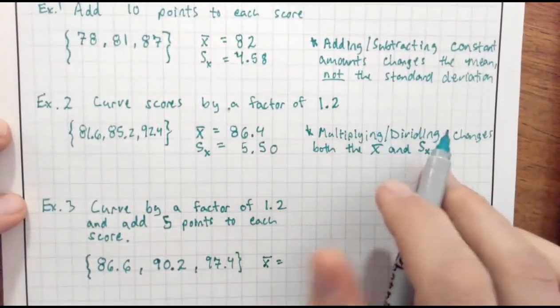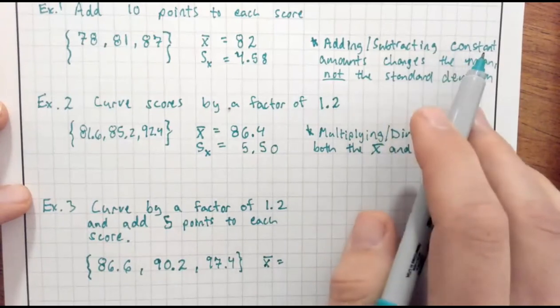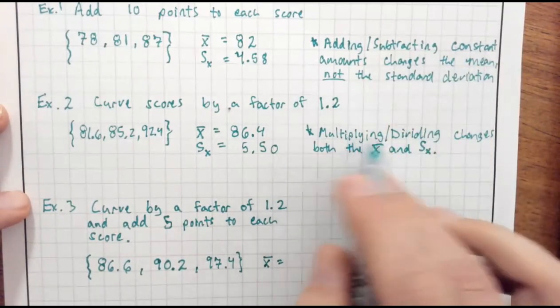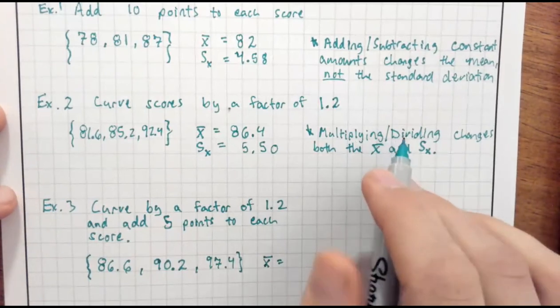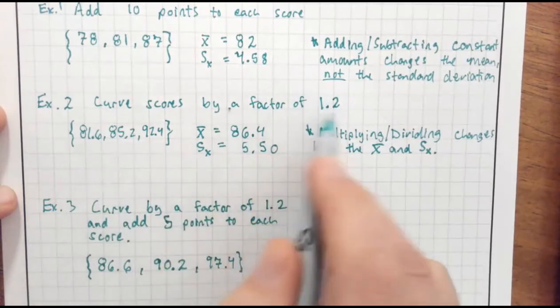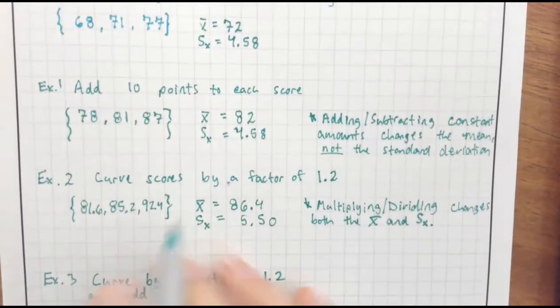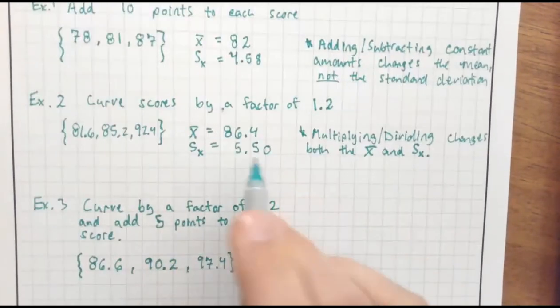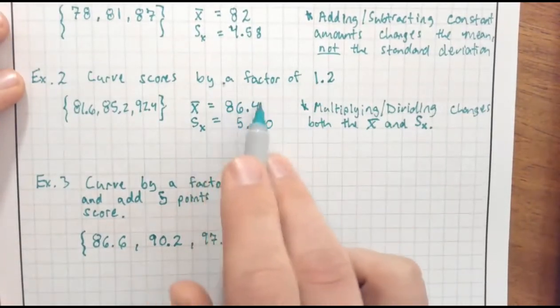If I look at these keys here, it gets changed by adding constant amounts and also by multiplying and dividing by a constant factor. We want to multiply each value by exactly 1.2. The new x-bar, we know that right here, we multiplied our original mean by 1.2 and got 86.4.